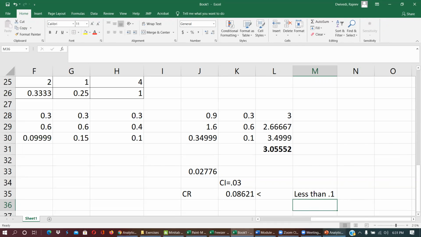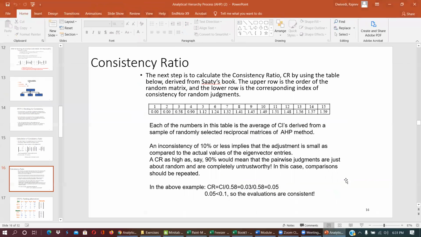That means our evaluations are consistent. The consistency ratio is very important in order to check the consistency of your judgment.